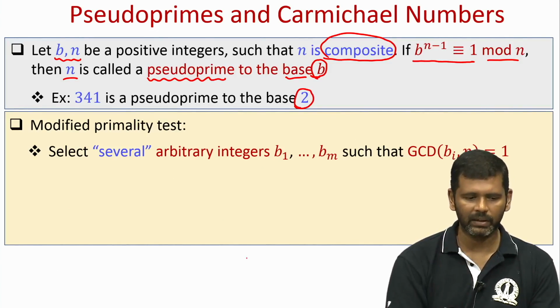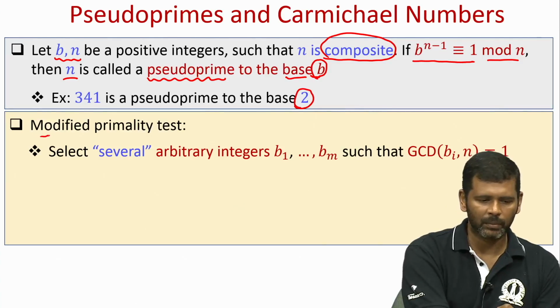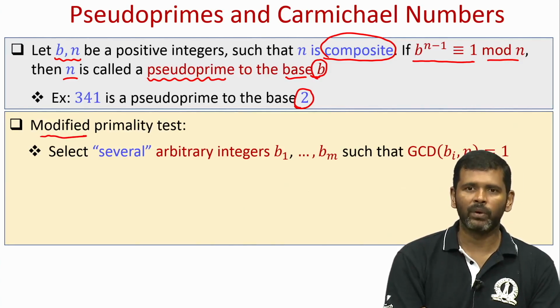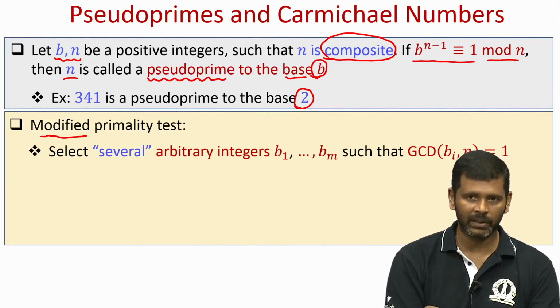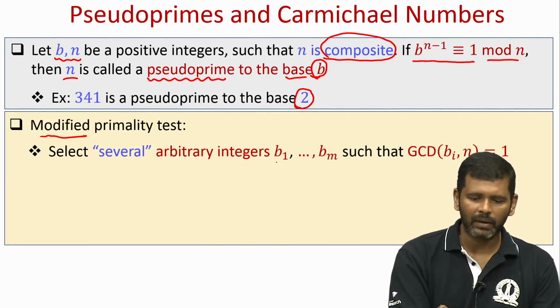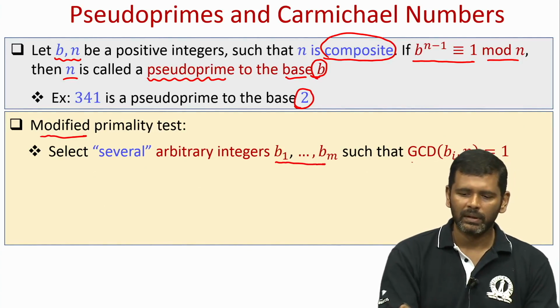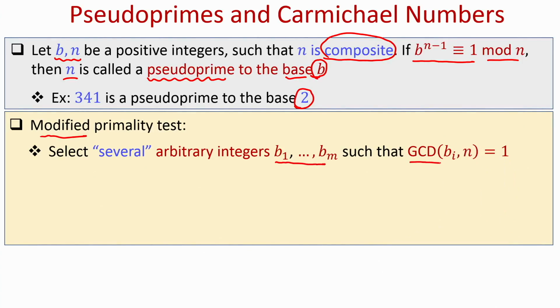So, what we are doing here is we are now proposing a modified primality testing algorithm, where instead of picking one base b, which we had done earlier, we are now randomly picking many bases, say m number of bases b1 to bm, each of which is co-prime to your given number n. You want to check whether the number n is prime or composite.